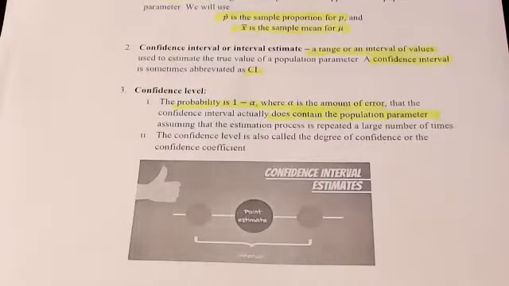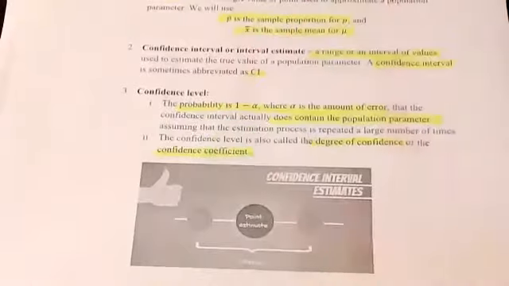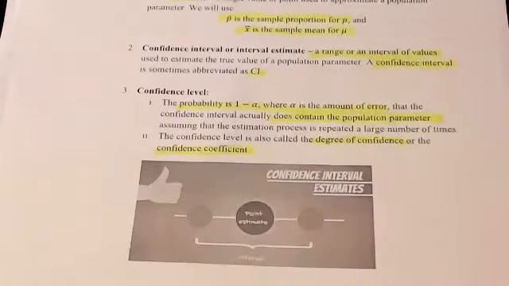Sometimes you'll allow for 2.5% error, so you're 97.5% confident. Can you see the balance between error and confidence? We're going to see that on the next page as well. And then of course, the confidence level is the degree of confidence or the confidence coefficient. Let's turn the page and you'll see what we are referring to.